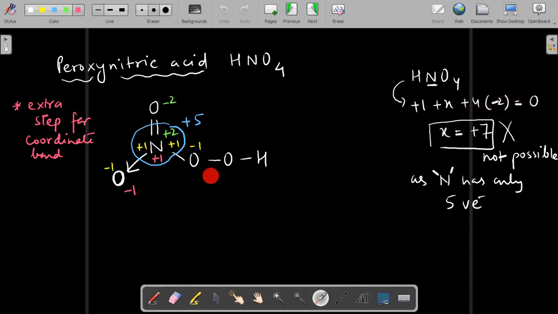So if I go at the structure I see here, can you see this O single bond O? 2 oxygens are present as peroxides.